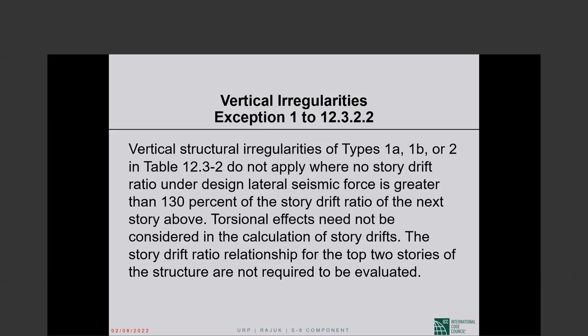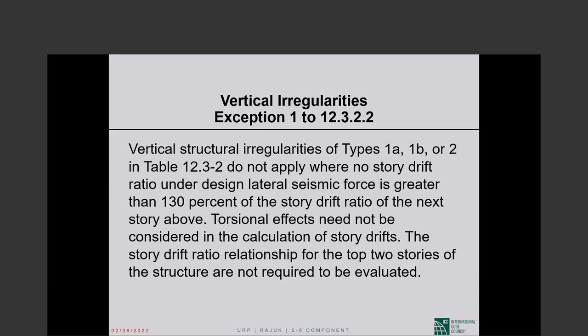They can be considered to not exist where no story drift ratio under designed lateral seismic force is greater than 130% of the story drift ratio of the next story above.